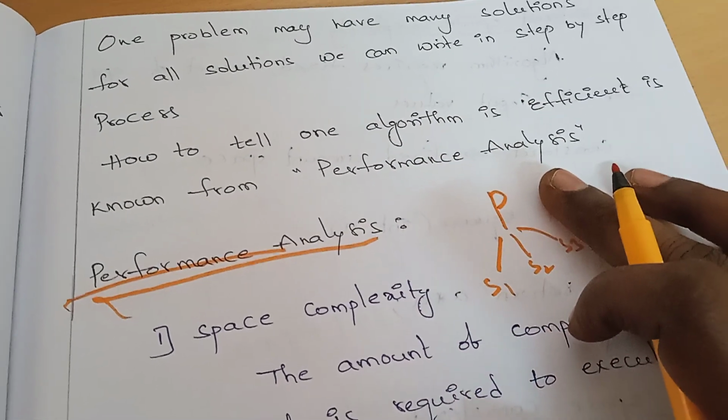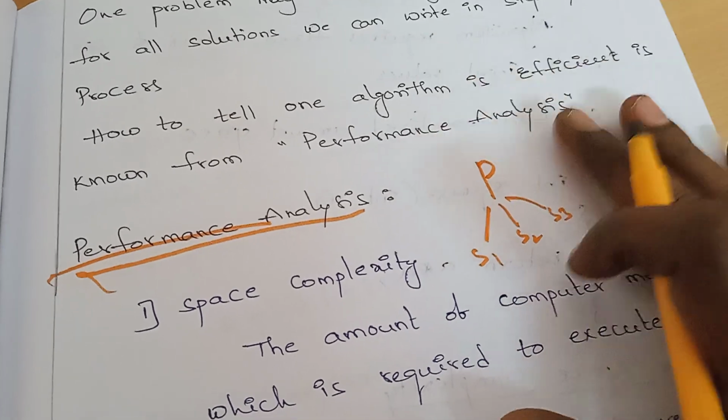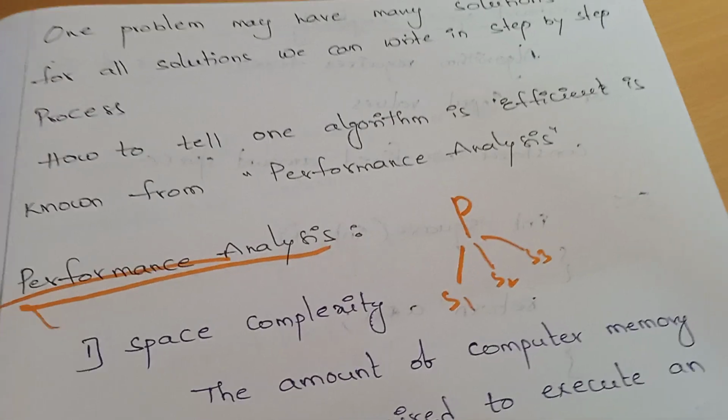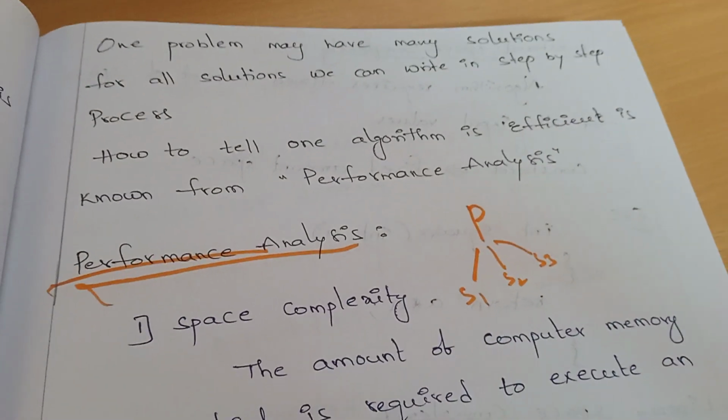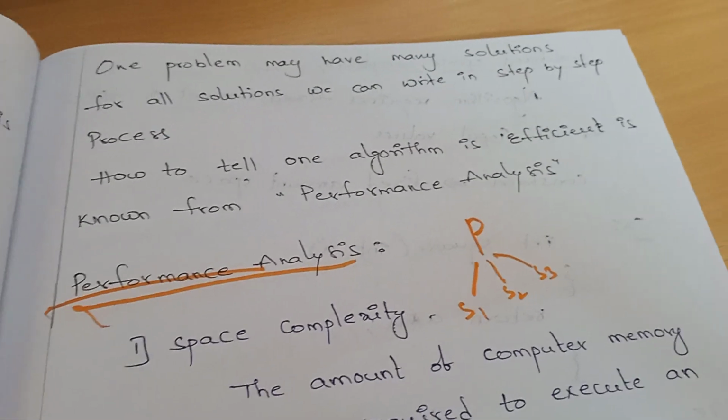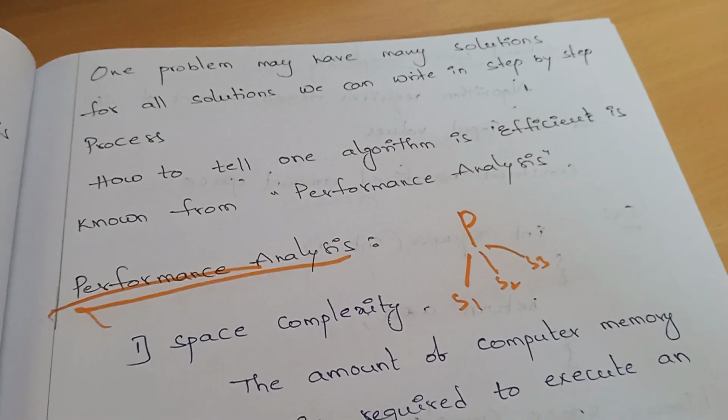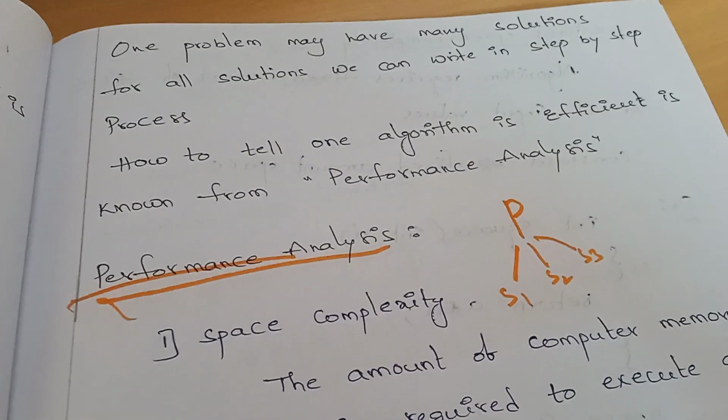That's what the study of performance analysis is. So performance analysis is, if you can write solutions for one problem, all the three algorithms we will be going to calculate performance analysis. What is performance analysis?